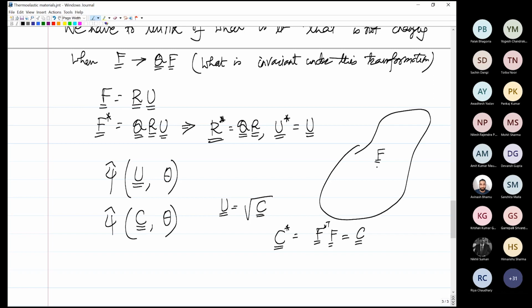Instead of saying that it depends on U, for mathematical purposes, for taking derivatives, it's easier to write psi hat as depending on C, because C is F transpose F. You're not getting any square root, whereas in U, you have a square root of C. So while taking derivatives, you have to take the derivative of a square root, so that's a bit complicated. So this is easier to work with.